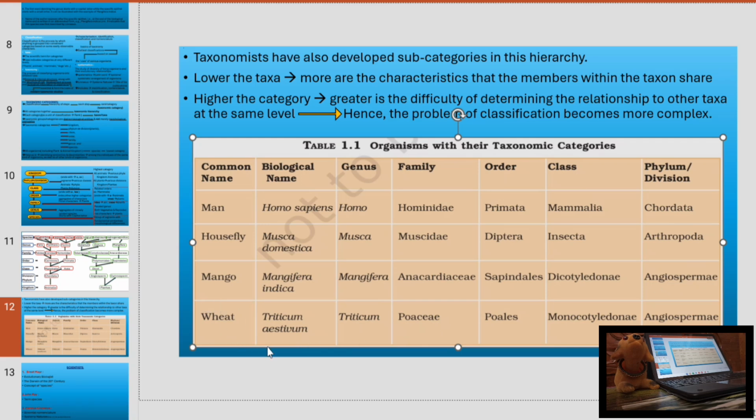Coming to wheat, its biological name is Triticum aestivum, genus Triticum, family Poaceae, order Poales, class Monocotyledonae, and division Angiospermae. Man and housefly come under the kingdom Animalia, and mango and wheat come under kingdom Plantae.